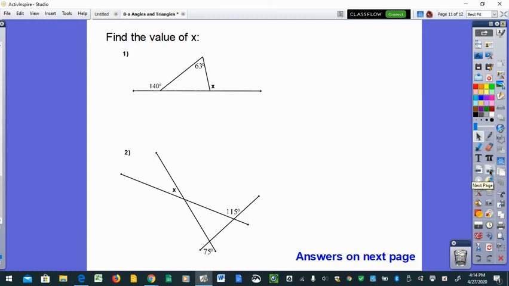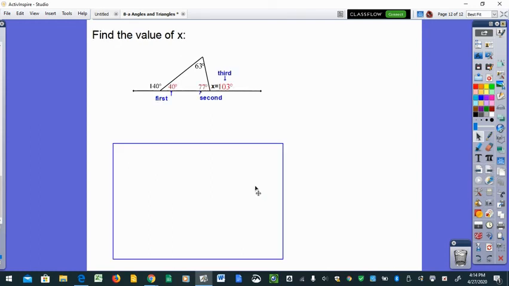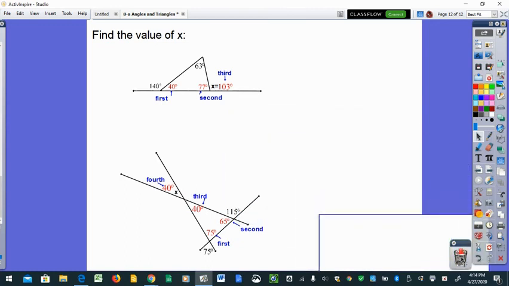Okay, let's see what you did. I'm going to uncover my answer over here. And I put my first, second, third, and fourth. So the first thing I did was use the idea of vertical angles here and put the 75 up here because they're congruent. The next thing I did was I came over here and realized that these two are supplementary. They're adjacent angles that add up to a straight angle.